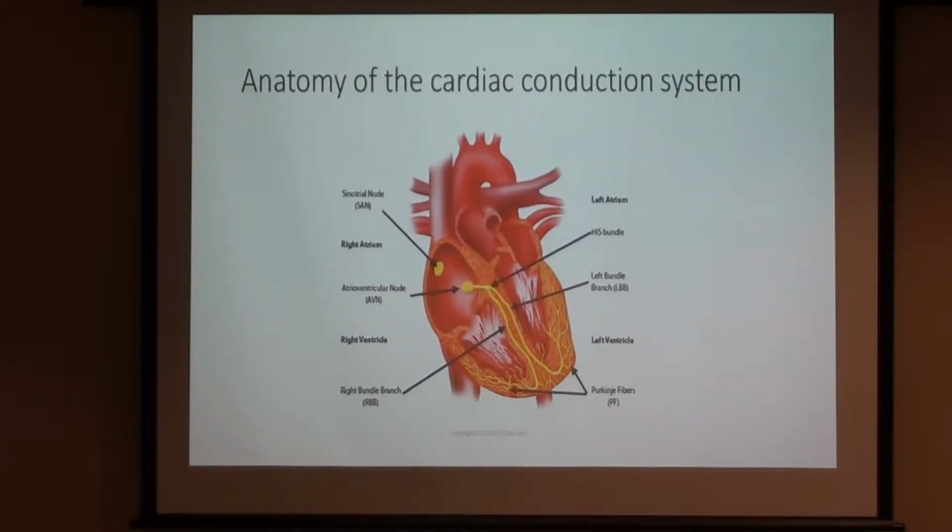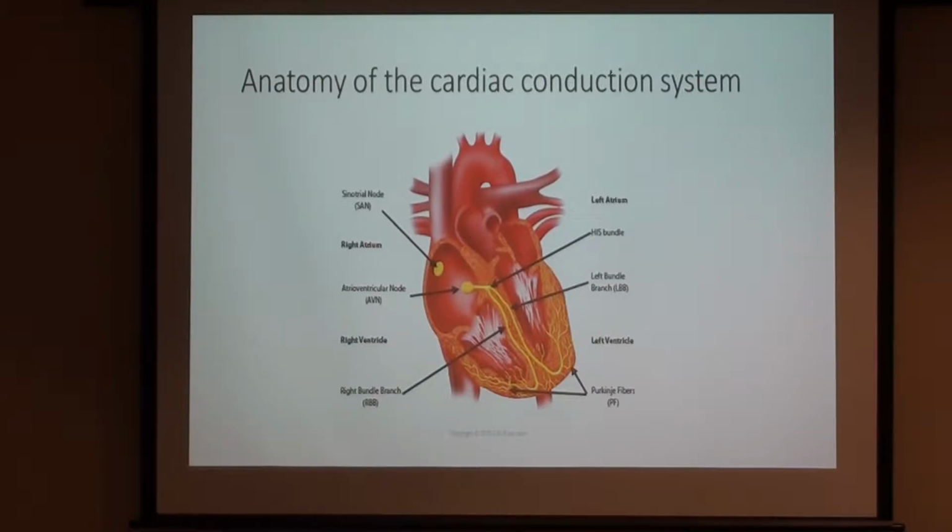Okay. And when it hits the AV node, the atrioventricular node, that is the only place between the atria and the ventricle where there is electrical continuity. Everywhere else, there's electrical isolation between the atria and the ventricle. The only place where there's conduction is via the AV junction apparatus, which starts with the AV node.